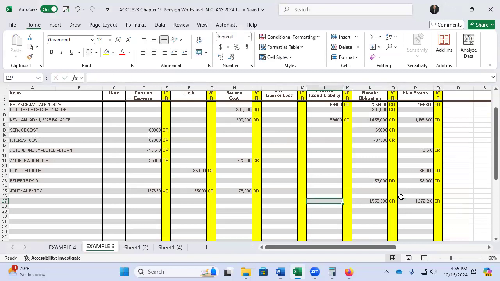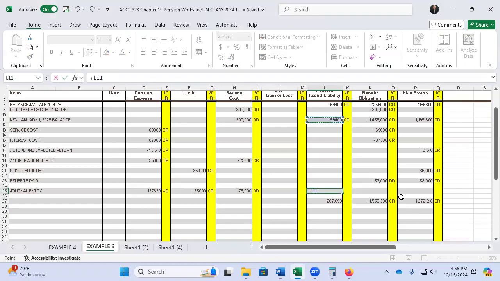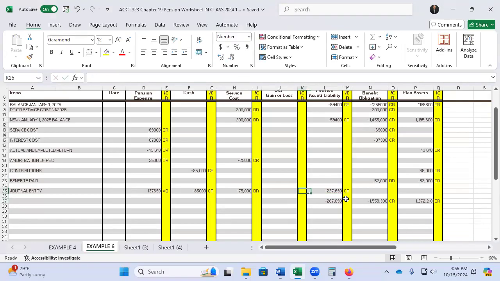That's my debit. So now my ending pension asset liability needs to be 287,290. To say, okay, where were we before? We were here. I gotta do a minus and then a plus. And we get 227,690, and that's a credit.